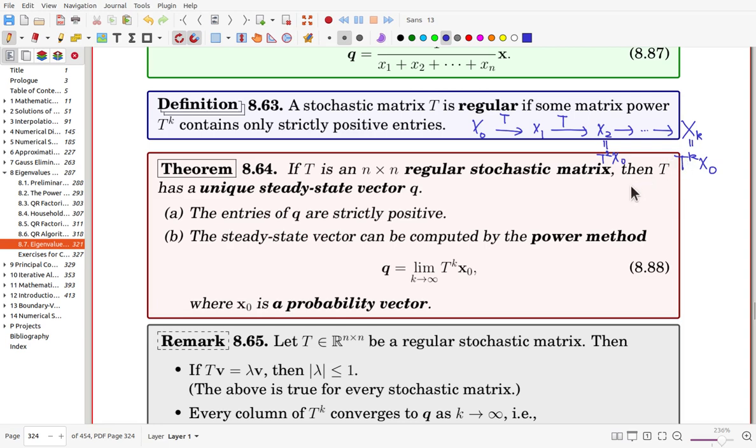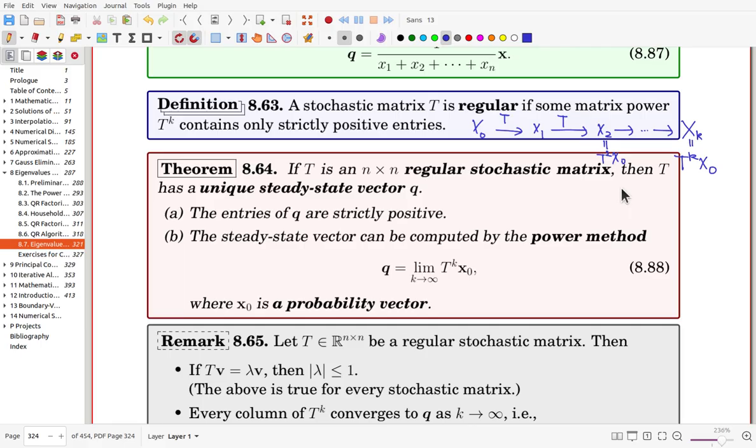So here, if we consider a Markov chain, then the most interesting component is steady-state behavior, the long-term behavior, so the steady-state vector is important.